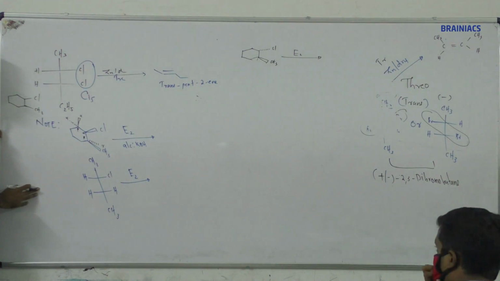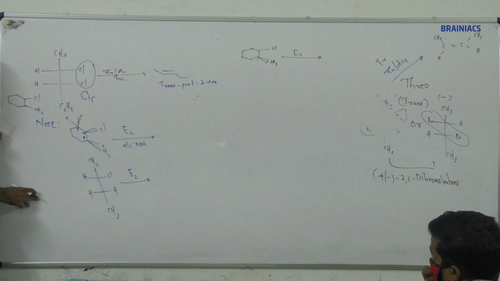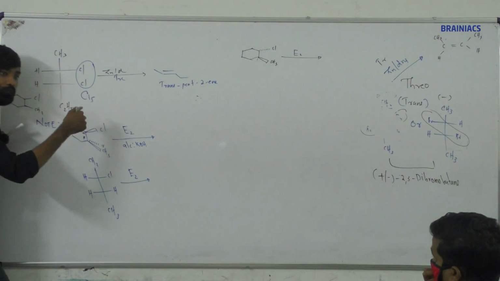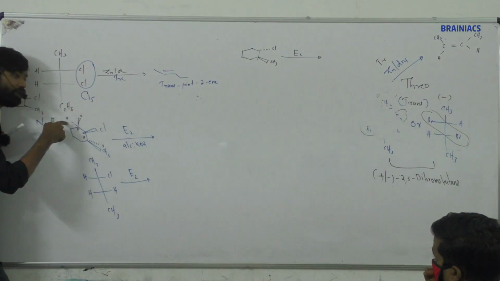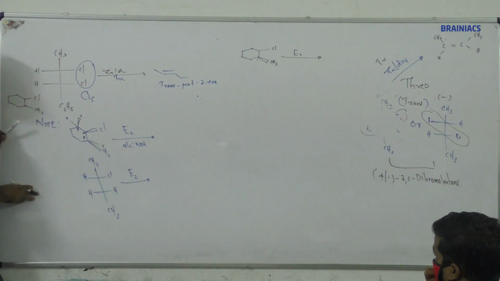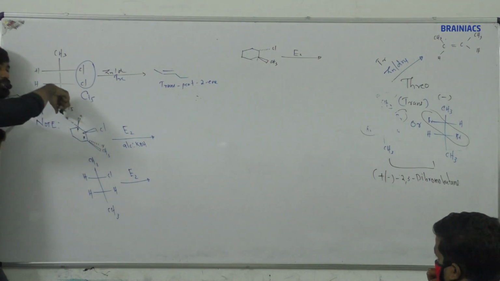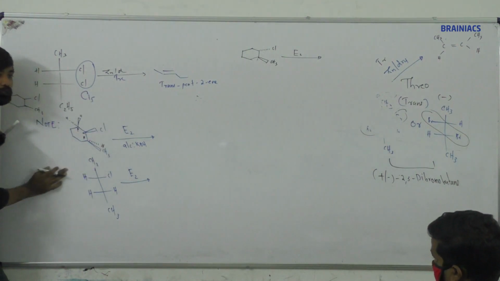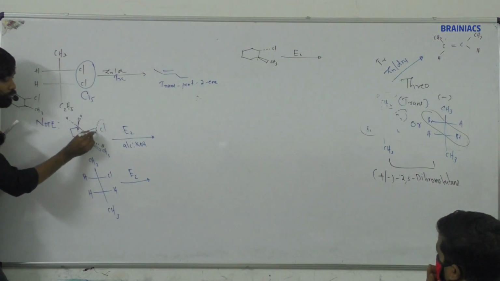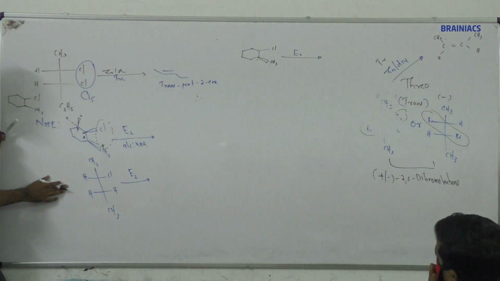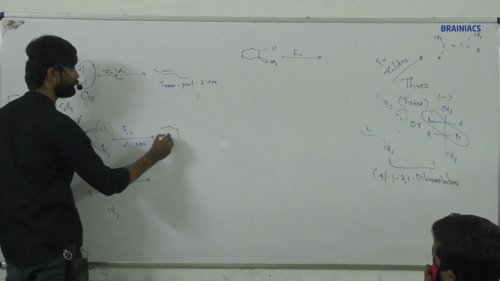So what about the E2 elimination? It should be anti-periplanar. The chlorine is in the front plane, where here we have a hydrogen in the back plane. So E2 possible. Here also possible. So better to eliminate from here, because the E2 mechanism also follows Saytzeff's rule. Ready. So what about the product?